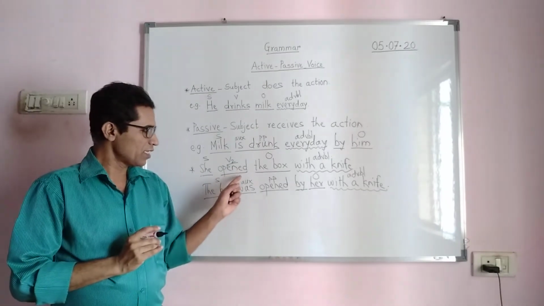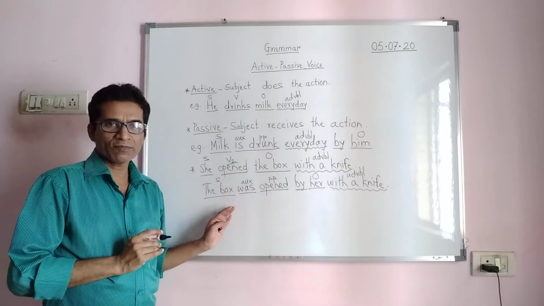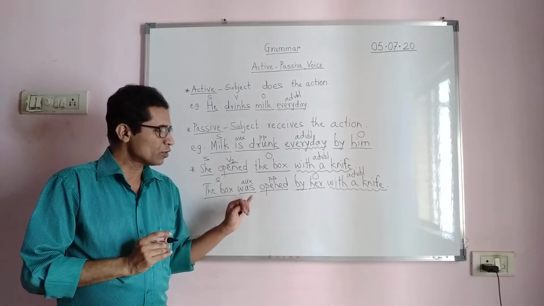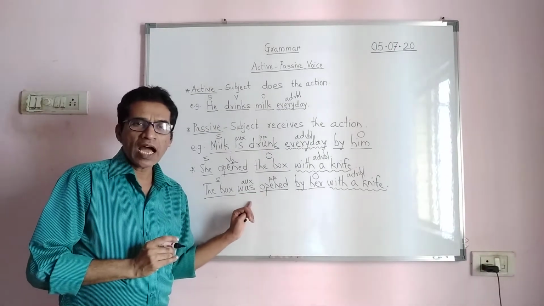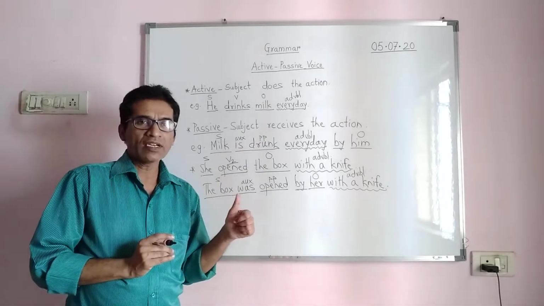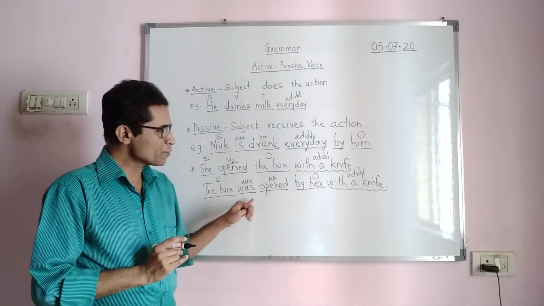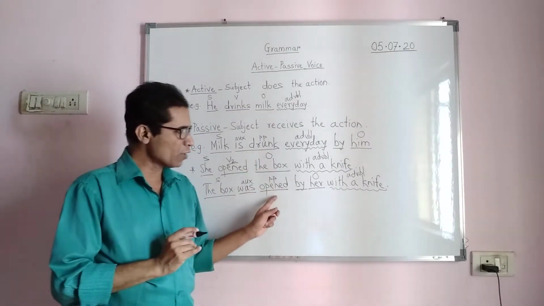That is why you have to use was here, which is suitable to the box. We can use were, W-E-R-E, also, but here the box is singular, that is why was is used here. The box was opened.